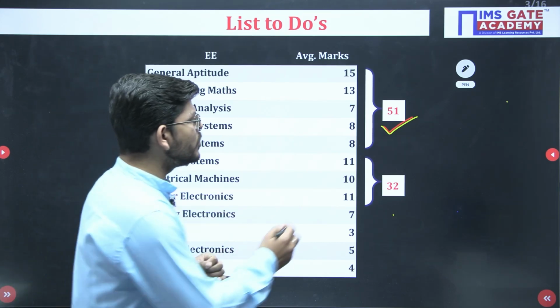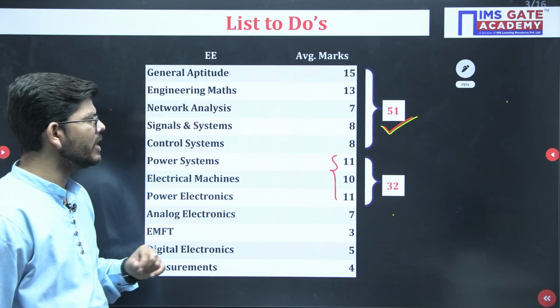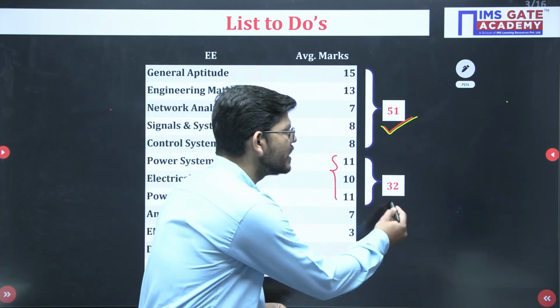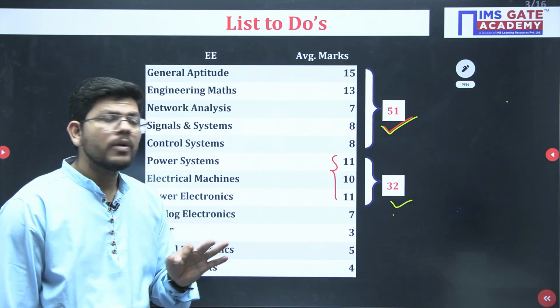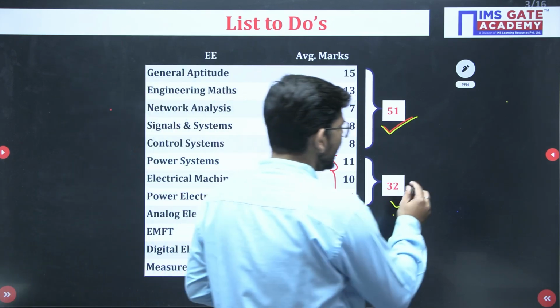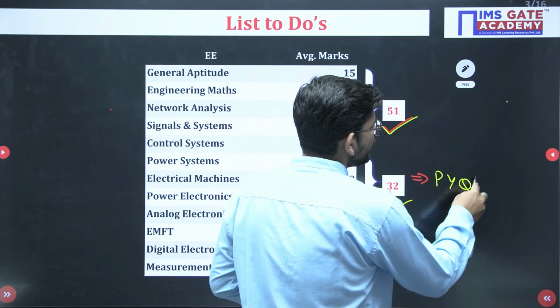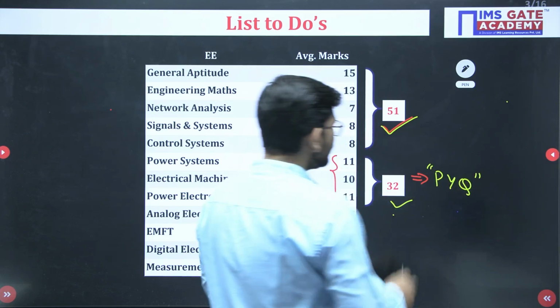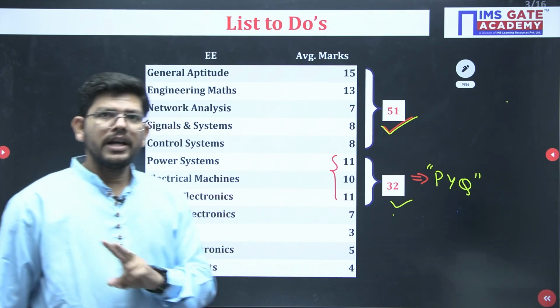Now if I come to the core subjects, electrical machines, power system and power electronics, they are carrying 32 marks. Okay, so try to be very good in these subjects. And what will help you? The PYQs. PYQs become very important for these 3 subjects, because in these subjects 2 things are required.